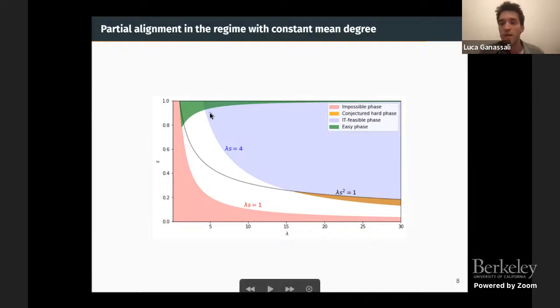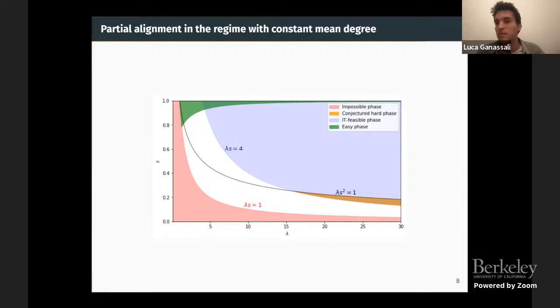Of course, we conjecture that these phases are much wider, but we have this easy phase. So easy phase here means polytime feasible with our local algorithm for graph alignment. And we also exhibit a phase where the parameters would enable information theoretic feasibility, but our algorithm, with this local point of view, fails.